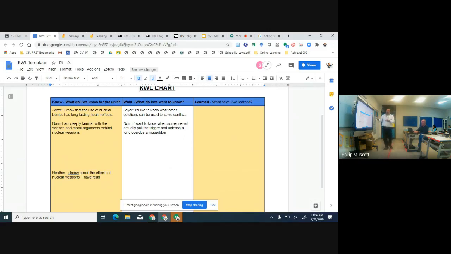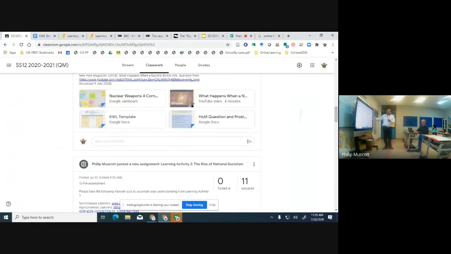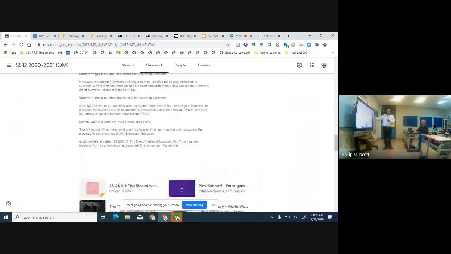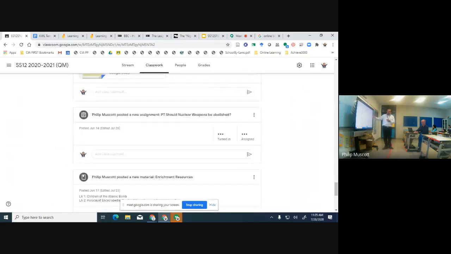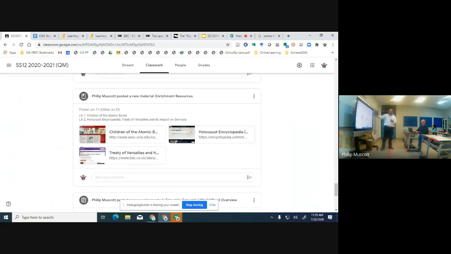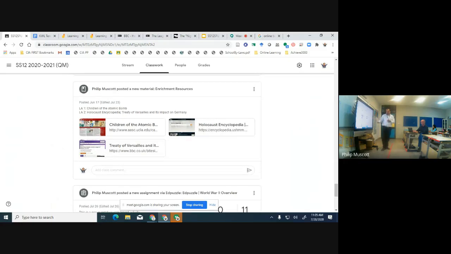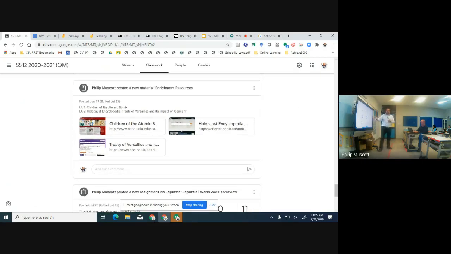A couple of other points that I want to make. Within the classwork, there are also some enrichment activities for you to do. You can see here in the enrichment resources some additional reading, whatever parts you're particularly interested in. Notice that it also says the learning activity that they're related to, so you can link there.